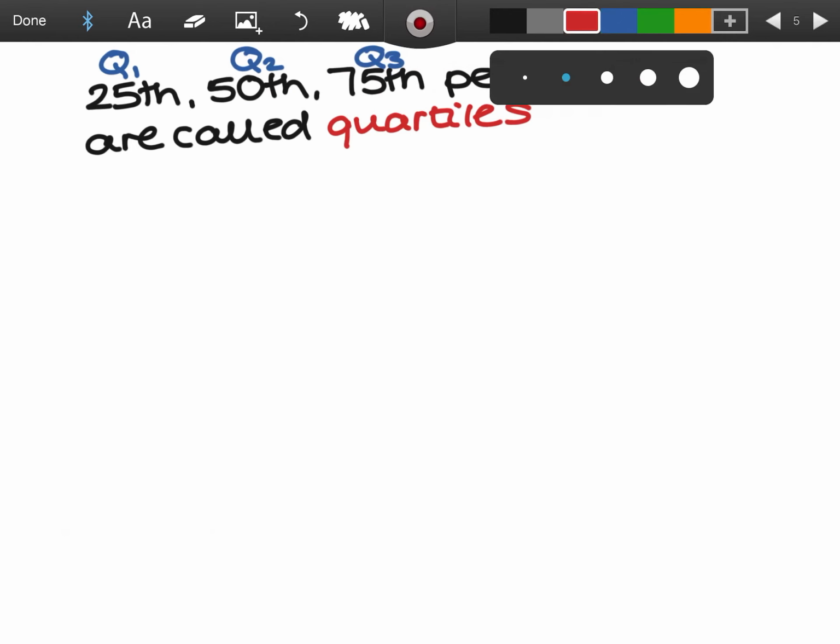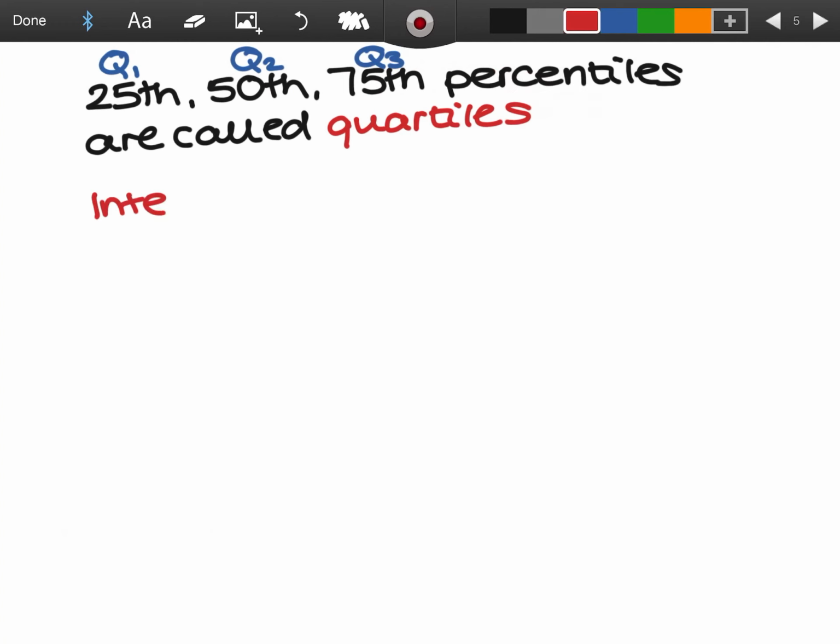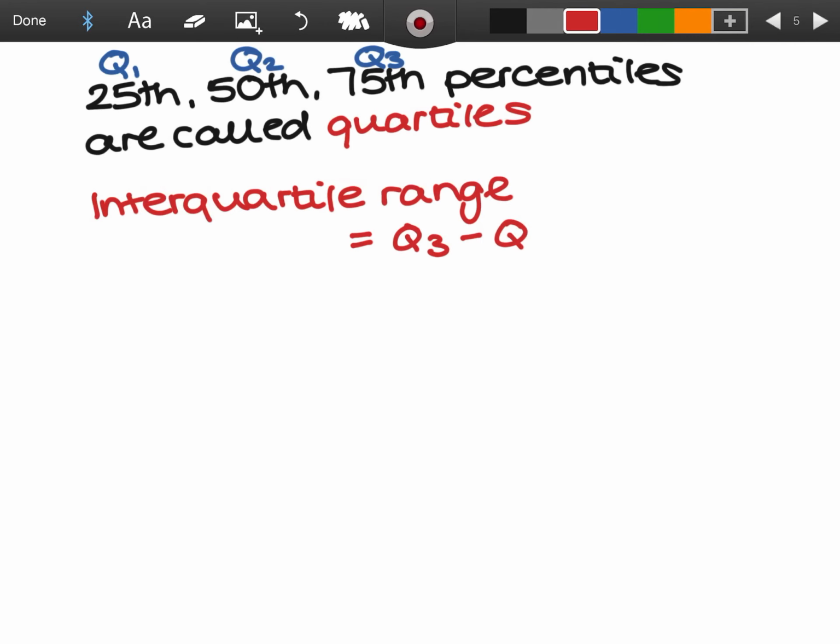Okay. Another quick term is the interquartile range. The interquartile range is just what we call the upper quartile, Q3, minus the lower quartile, Q1.